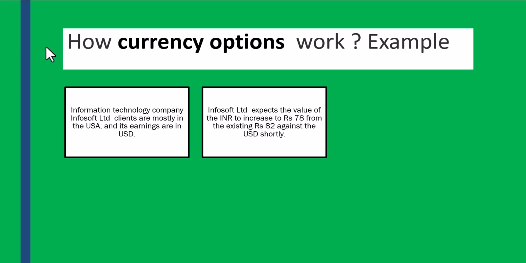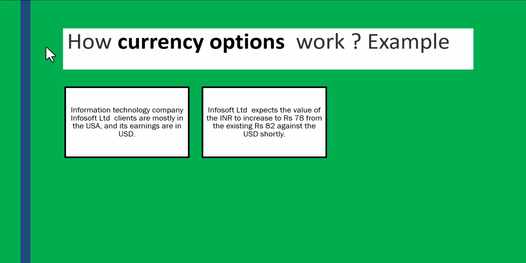So you're earning in dollars, and then you're repatriating that money to India. If you earn at the time it was 82, and it becomes 78, that means if you send the money to India, you're going to lose money, isn't it? The rupee is going to appreciate against the dollar.